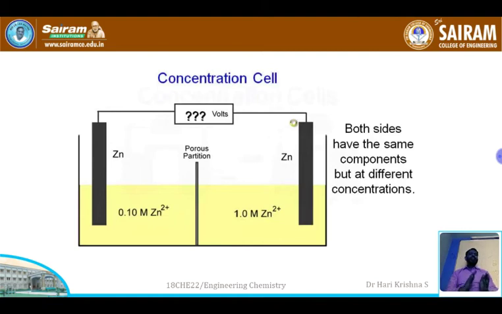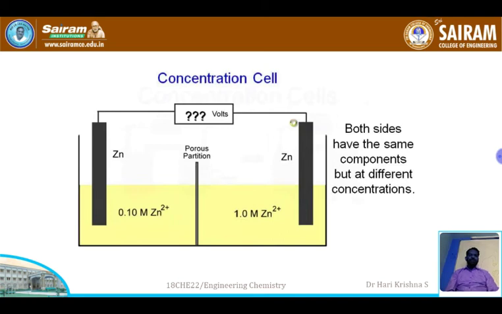Due to difference in concentration, we can observe flow of electrons from 0.1 molar, that is anode, to 1.0 molar zinc, that is cathode. This flow of electrons can be observed until the concentrations of zinc in both anode and cathode are equal.